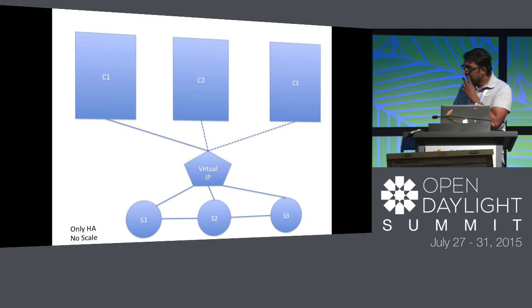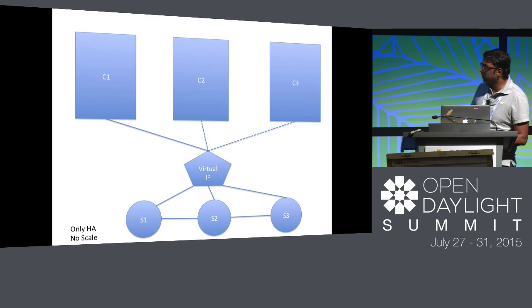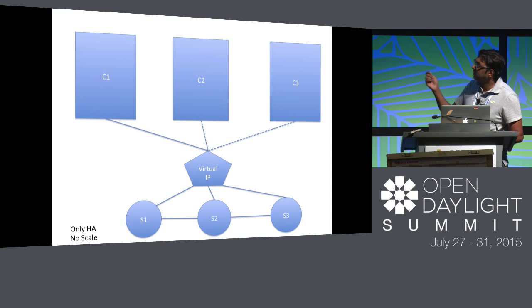Roughly, this is what people did to achieve HA at least, when we didn't have OpenFlow clustering. But there's no scale here. You have a set of switches and a bunch of controllers, and you can have a virtual IP, a VIP, to which you connect the controllers.